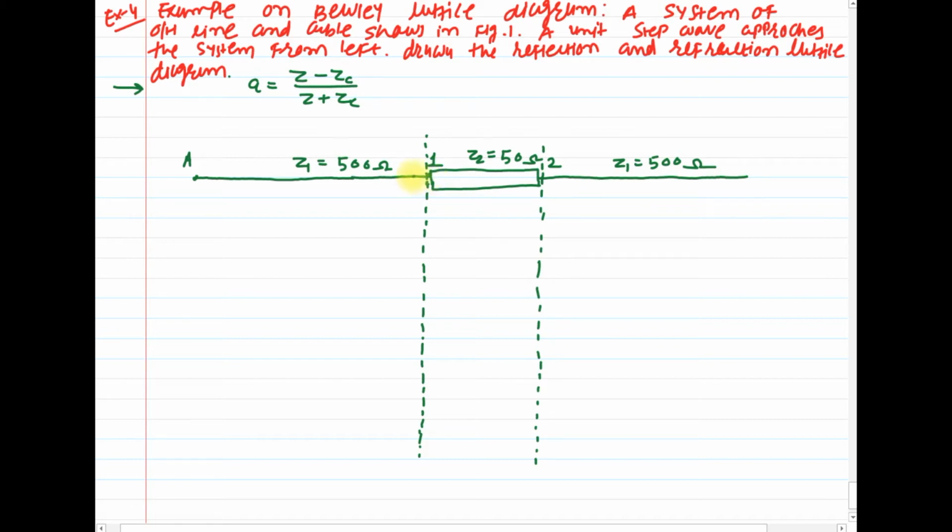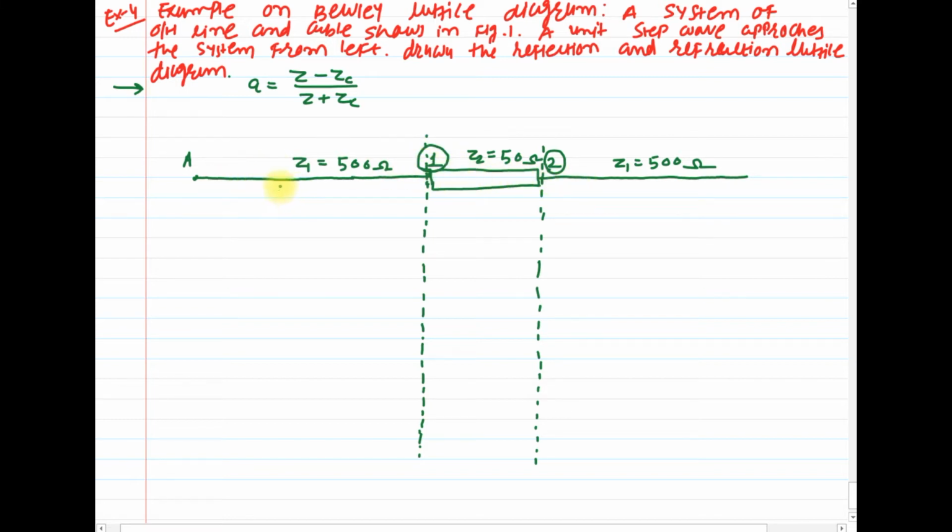That means the medium of the line is changed from the transmission line to cable, and in the same way here from cable to transmission line. So there are two sections in this example: section 1 which is transmission line to cable, and section 2 which is from cable to transmission line.